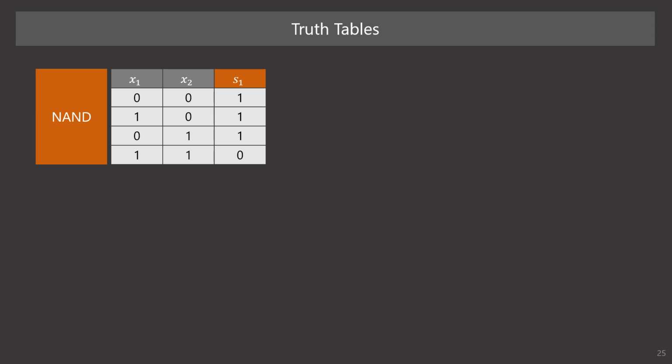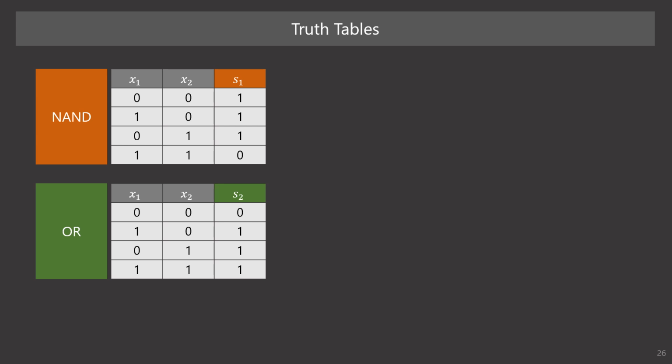Let's see the combination we saw in the previous slide by using truth tables. As we saw, we create an XOR gate by combining multiple perceptrons. Here, we reproduce the process in the previous slide by truth tables. So, first, let's input x1 and x2 to NAND gate and get the outputs. Here, let's call the outputs S1, not Y, because they are not the final outputs.